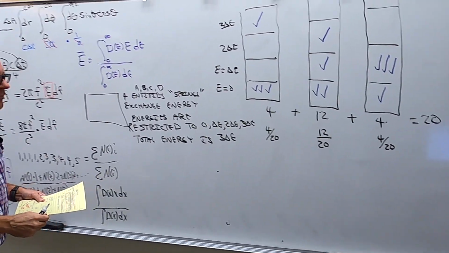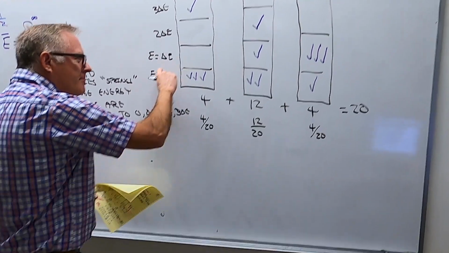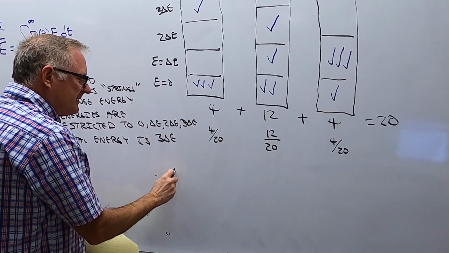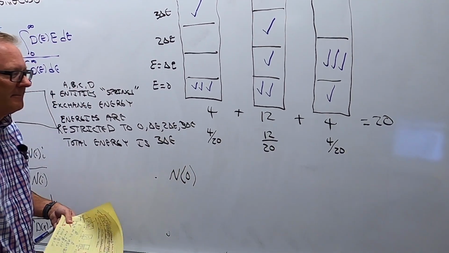So now if we ask what's the expected amount in this box right here, in the E equals 0 box? What's the expected amount in 0 energy right here?